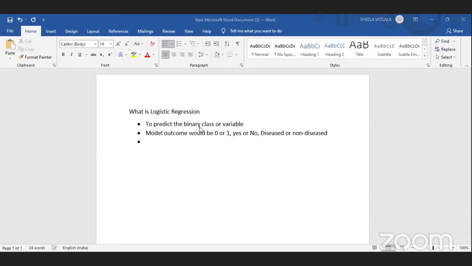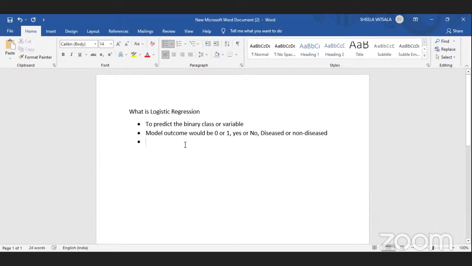So the question is, is this logistic regression? Because of the term regression, we may get confused whether it is a classification or a regression. So friends, let us not get confused with this term.